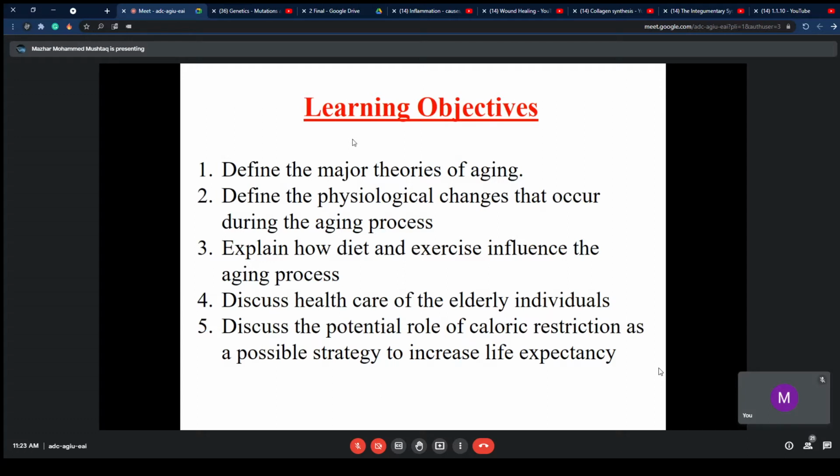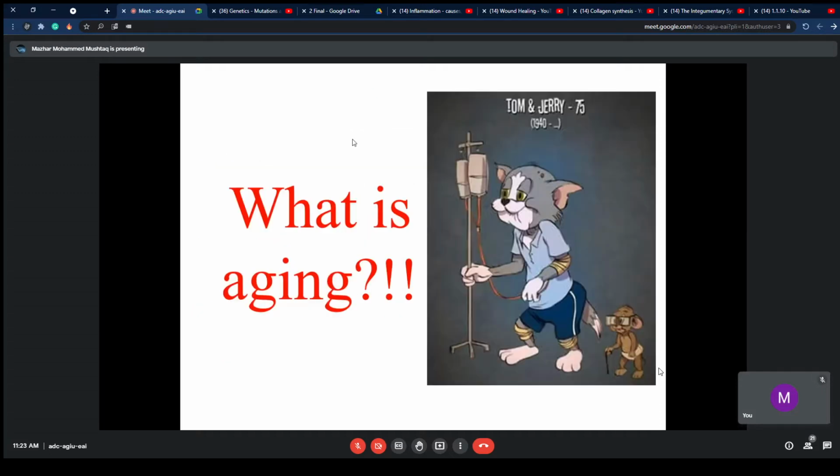So these are some of the learning objectives, along with some of the hypotheses that are there to stop aging or to increase life expectancy. Any of you can define aging for me by just looking at this picture?